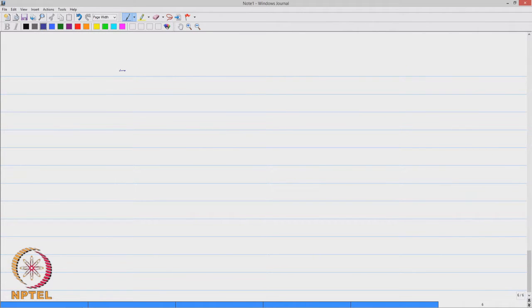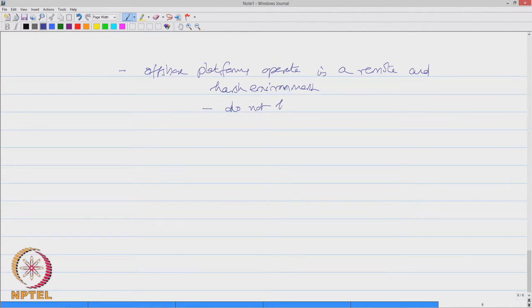The third point could be, we all do agree that offshore platforms operate in a remote and harsh environment which do not have any ancillary support of firefighting etc. on demand.